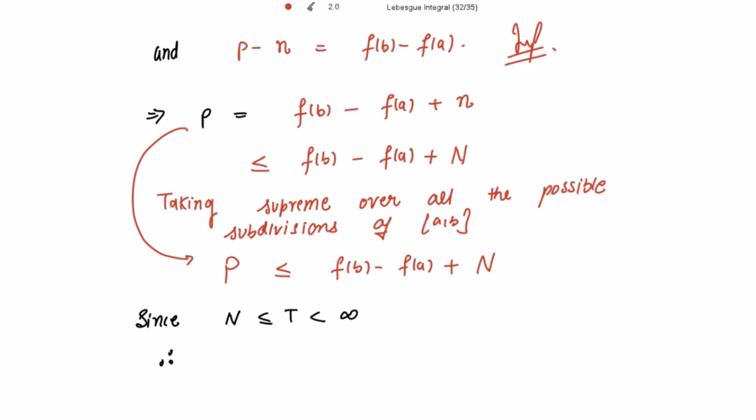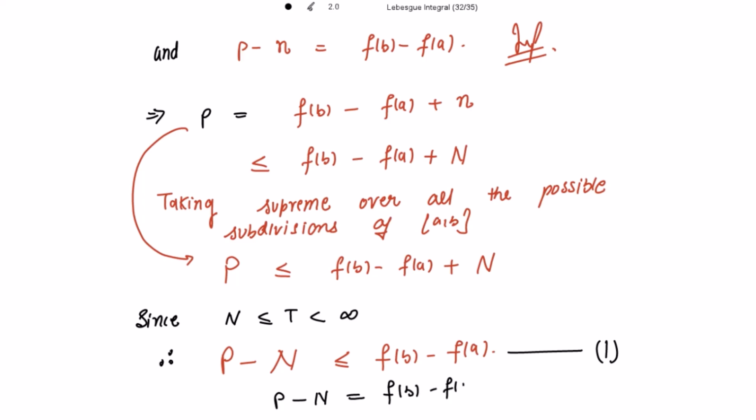And now since this capital N is less than or equal to T, which is finite, the total variation is finite, we can take this N to the other side. So this is capital P minus capital N less than or equal to f(b) minus f(a). Please mark this as 1, because we need to show that capital P minus capital N is equal to f(b) minus f(a).